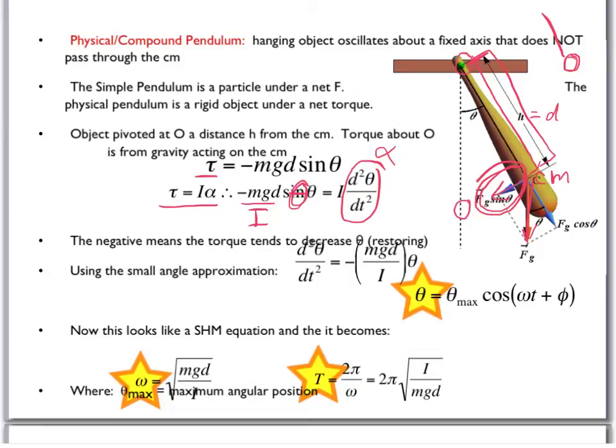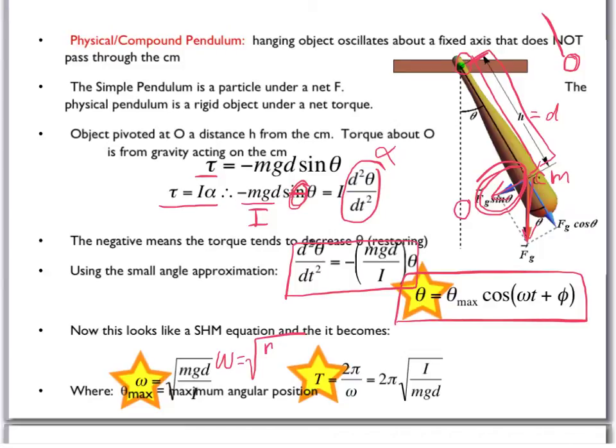when we use the small angle approximation, and we end up again with an equation that looks like our simple harmonic motion. So we can fit this to our simple harmonic motion equation for theta equaling theta max times the cosine of omega t plus phi. Now omega here would be equal to the square root of mgd over I. And the period, capital T, of course, is still 2 pi over omega.